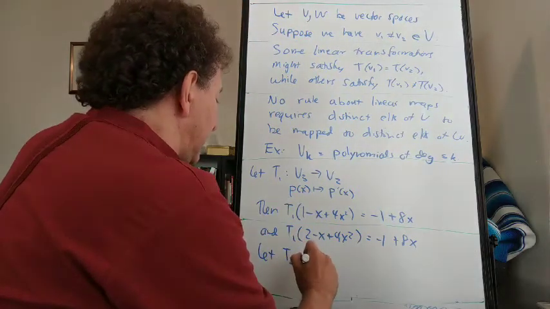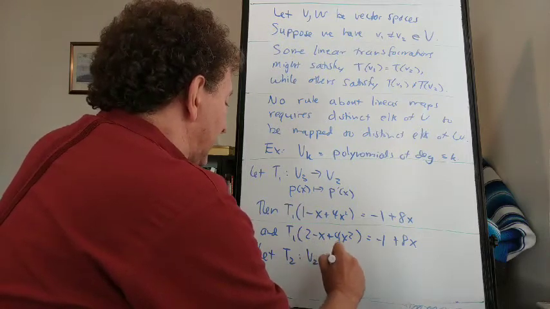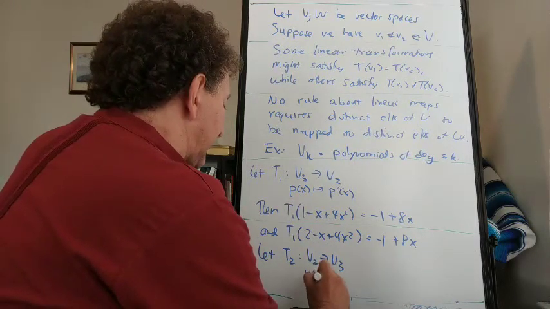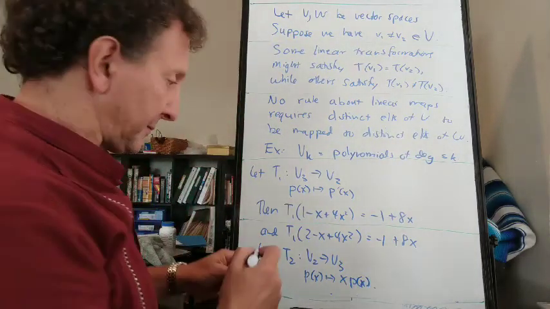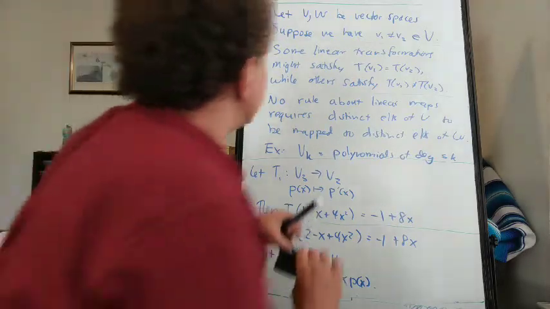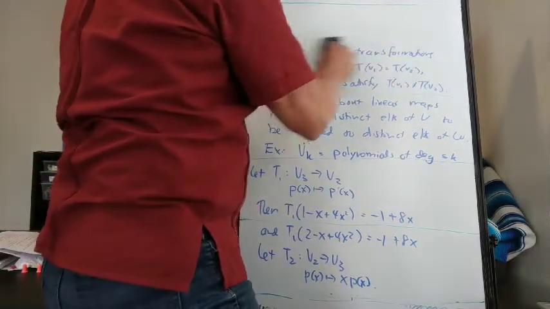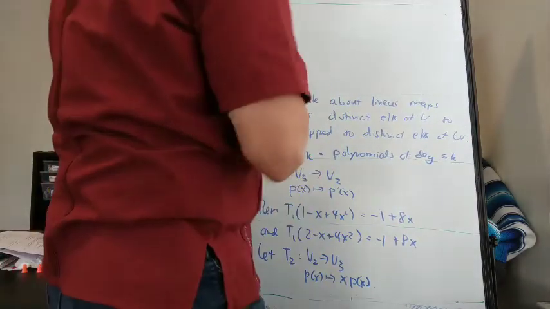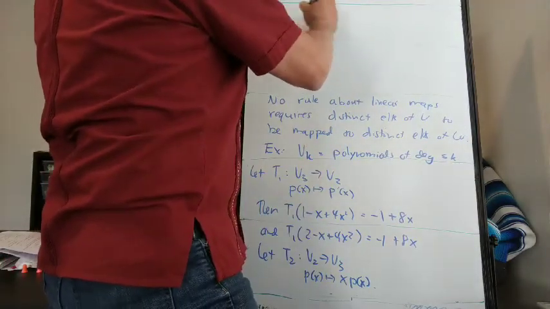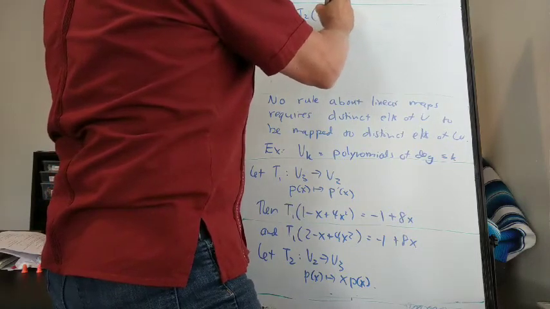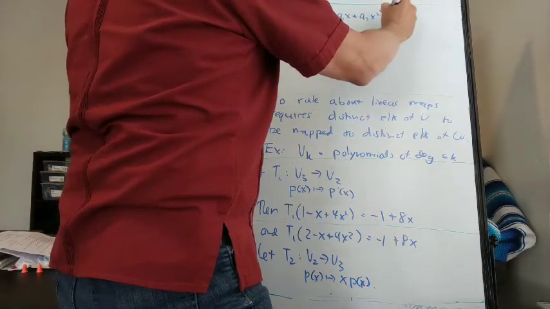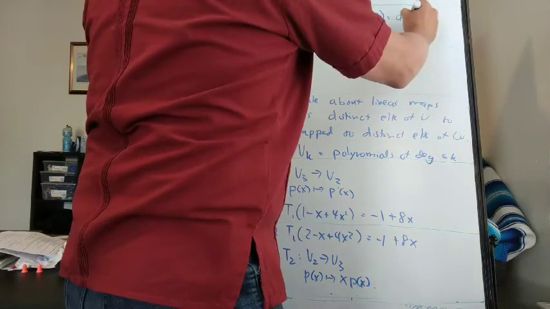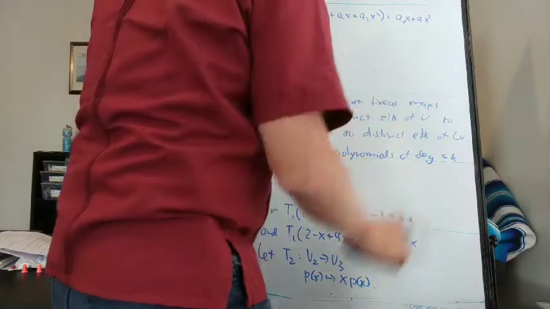Now let's let T2 be the map from V2 to V3 that sends P of x to x times P of x. So T2 of a0 plus a1x plus a2x squared equals a0x plus a1x squared plus a2x cubed.